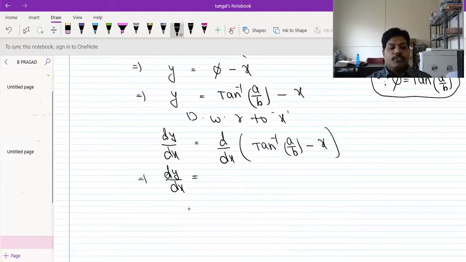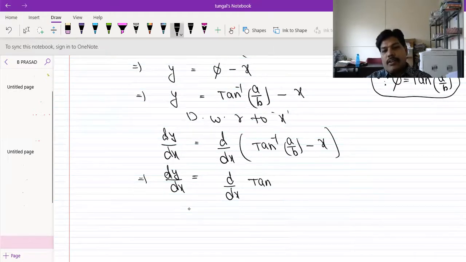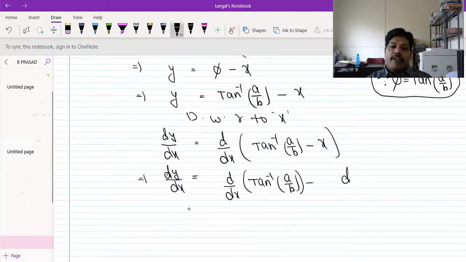is equal to the derivative of tan inverse of a by b, minus the derivative of x. So what happens?